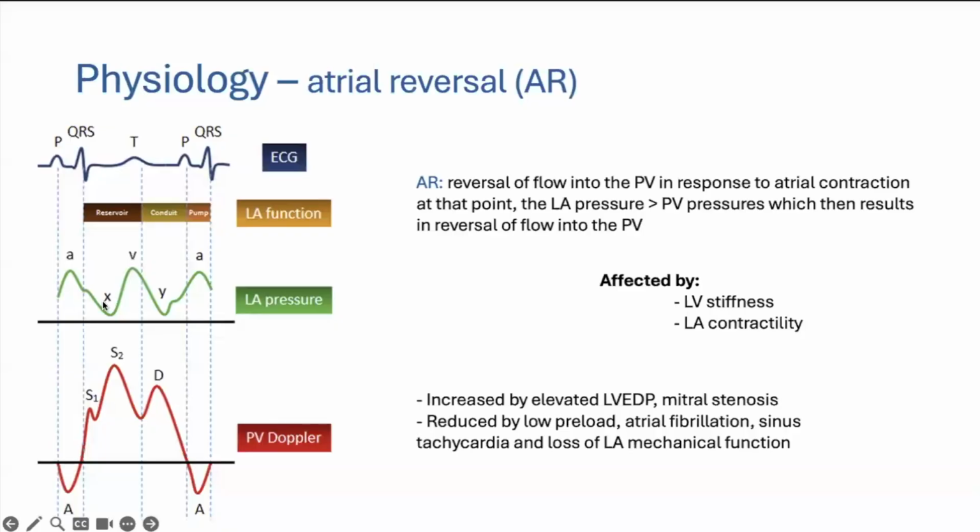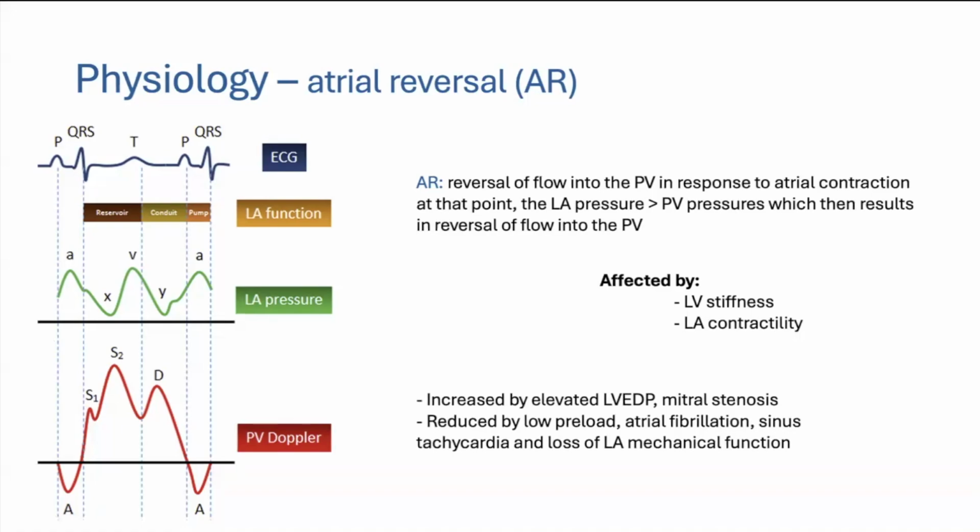And because it's going away from the transducer, you get a waveform below the line. So it's a negative deflection. It correlates with the A wave of the left atrial pressure, so it mirrors it. As one can imagine, it gets affected by the LV stiffness and the LA contractility.